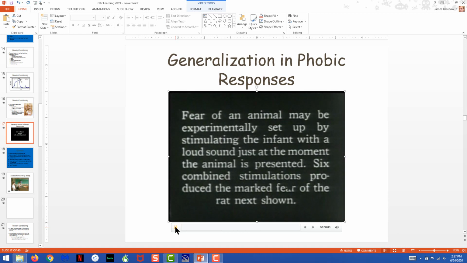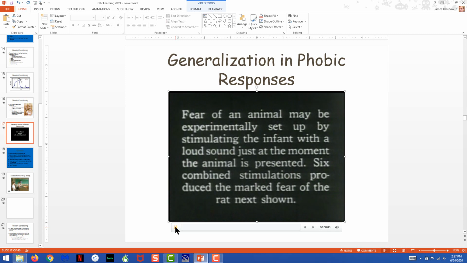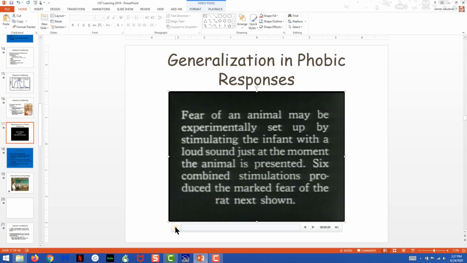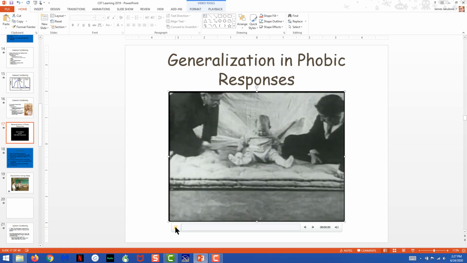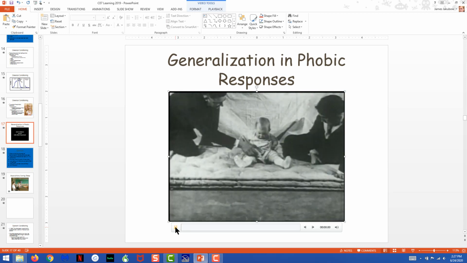Now, off the screen, unfortunately not taped, they are going to do the 6 trials of rat with loud noise. And they'll bring back the baby, and you'll see how he responds to the rat or any other animal that they had showed him.